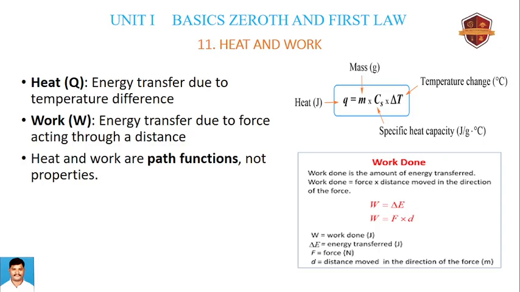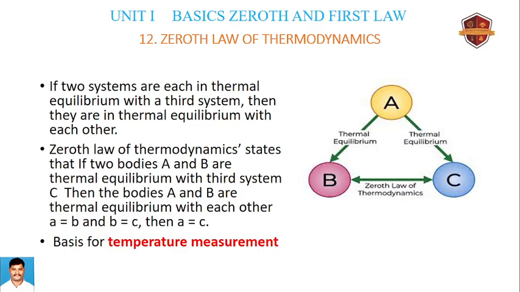Delta T is temperature change, degree Celsius. Work is energy transfer due to force acting through a distance. W equal to delta E, F into d. W is work done, delta E energy transfer, F force, d distance moved in the direction of the force. Heat and work are path functions, not properties.